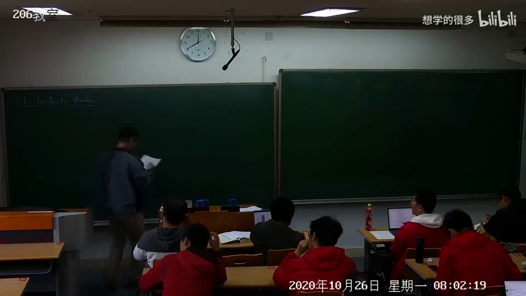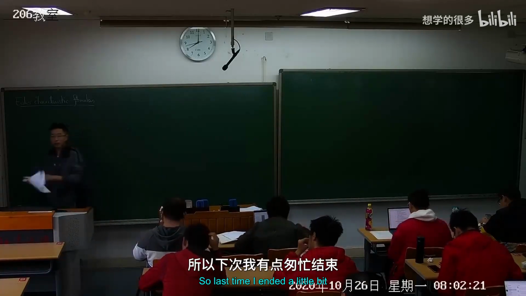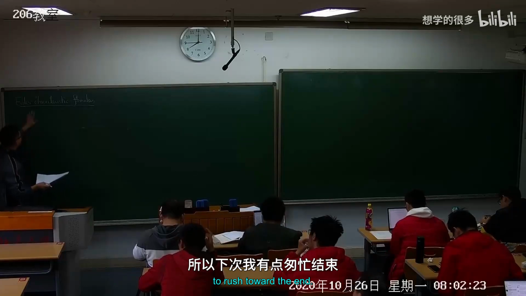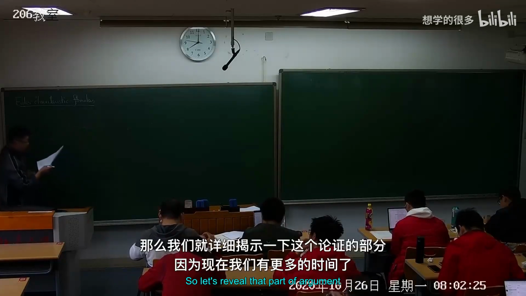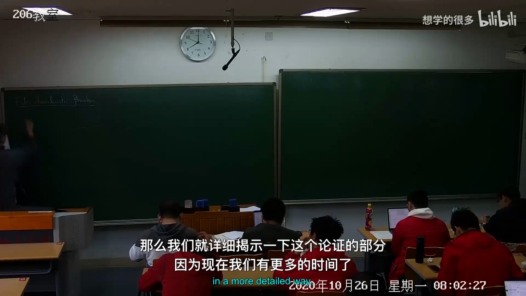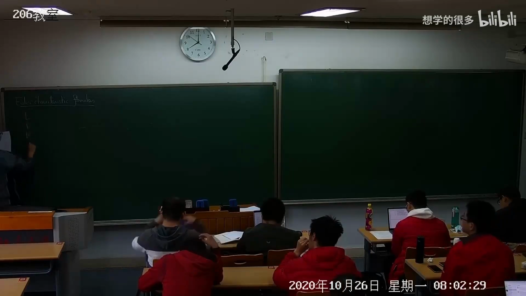Okay. Start over. So last time I ended a little bit rushed toward the end. So let's review that part of the argument in a more detailed way, since we now have more time.